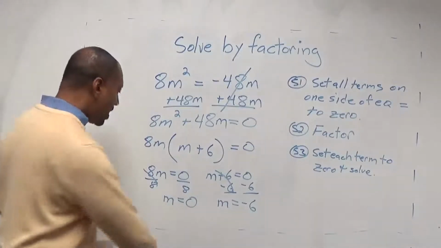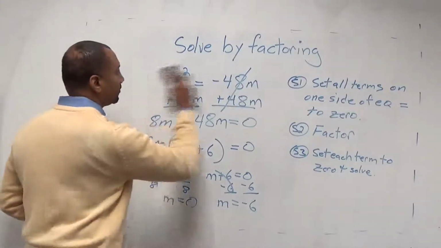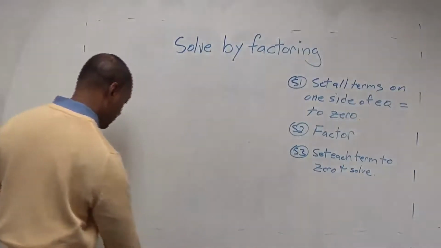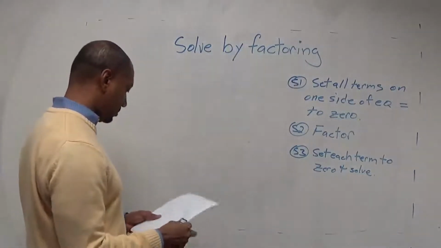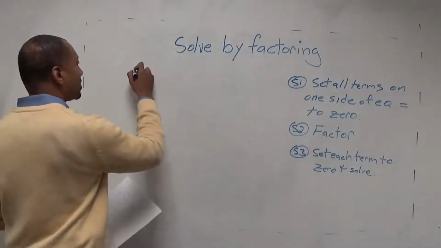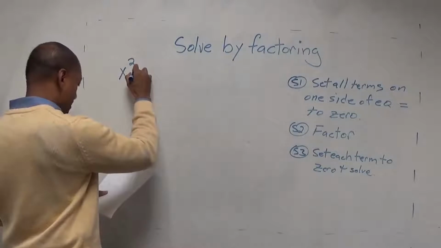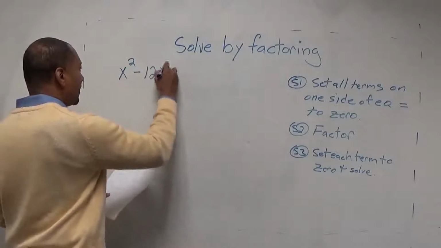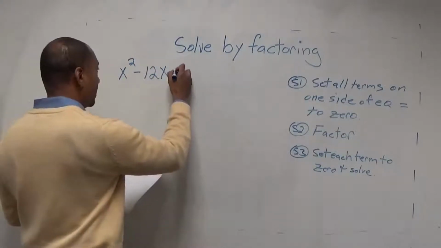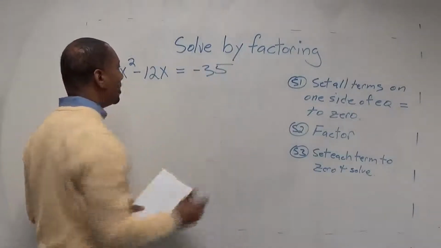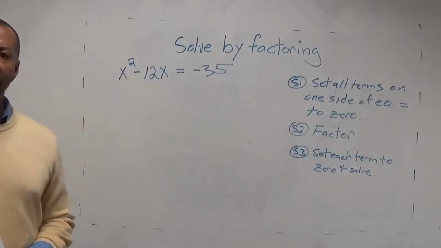Okay, let's do another one. Let us solve x squared minus 12x is equal to negative 35. They want us to solve this.